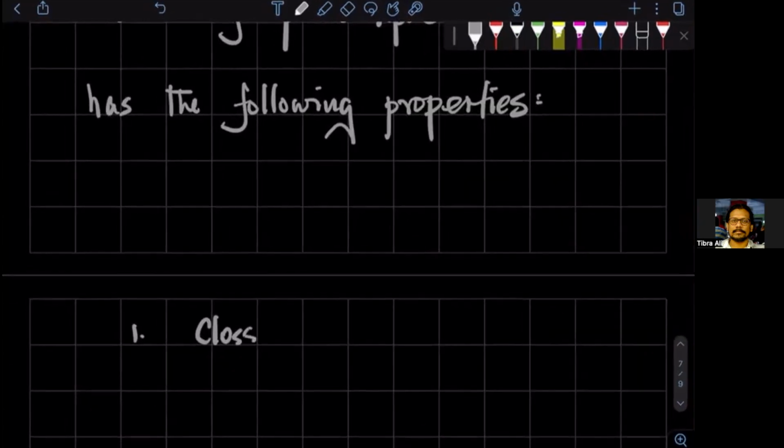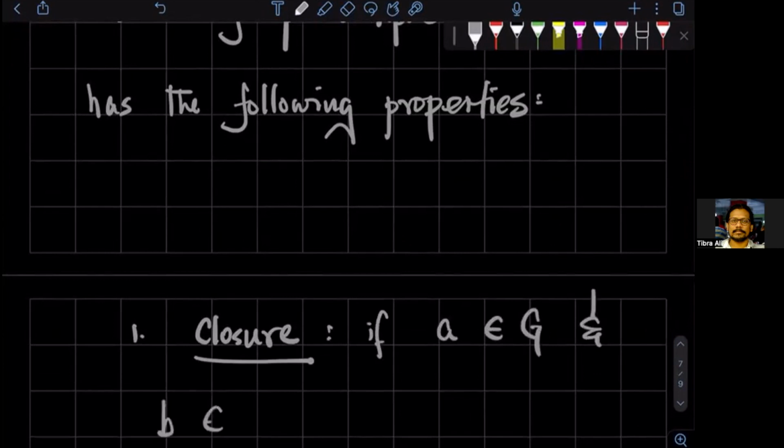So it's known as closure. So that means that if A is an element of that group and B is also an element of that group, then A times B is also an element of that group. So this is what we mean by closure.